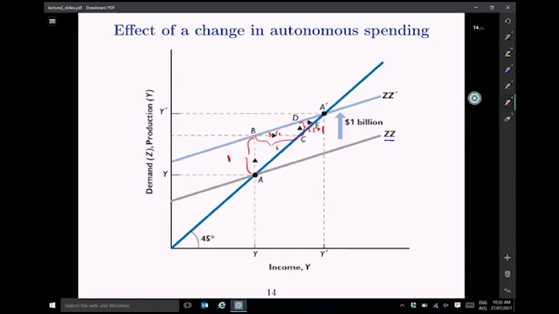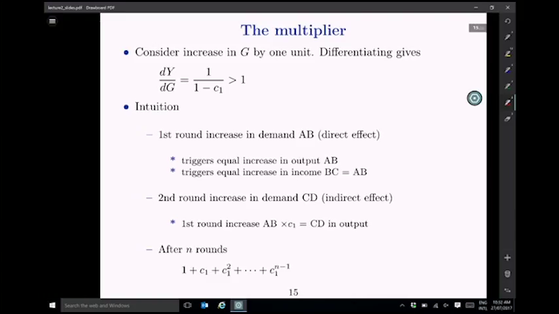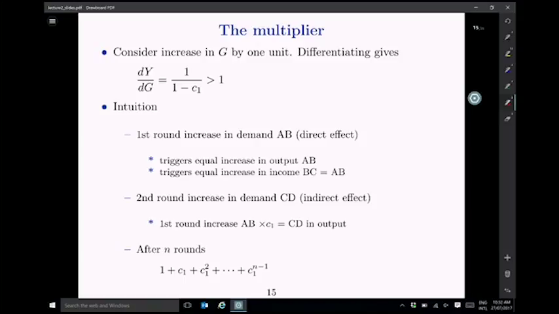But that's not the end, because when consumption increased by C1, aggregate output again increased by C1, and aggregate income increased by C1, and aggregate disposable income increased by C1, and hence aggregate consumption will increase again by what? C1 times C1, right? And this will continue for many, many rounds.